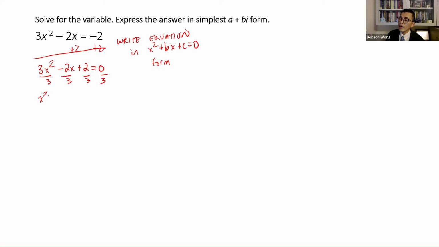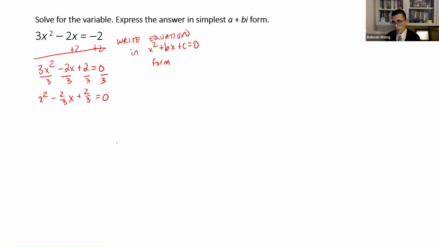So we get x squared minus 2/3 x plus 2/3 equals 0. Now, we see fractions in this equation. Don't panic, because we can use a calculator to help us do the operations with fractions if necessary. So let's see what we do now.